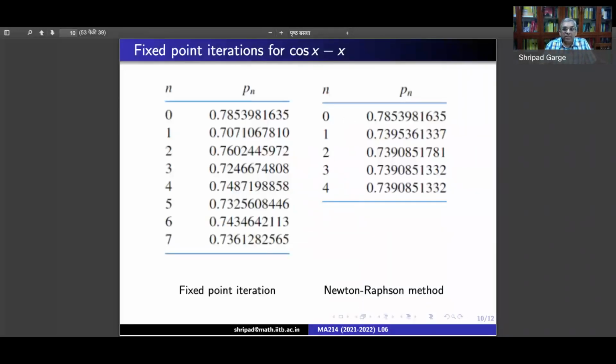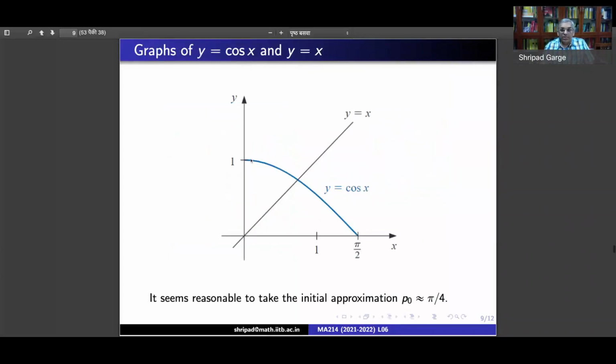So when you start with the same p naught, which is 0.7853981635, which is pi by 4, then in the fixed point iteration, we had started from a number which is slightly bigger than the fixed point, and when you take its value and take the x-intercept, then you are going to be slightly lower than the fixed point, the cos of that, because you have to take cos of that. The fixed point iteration method is given by g1(x) equal to cos x.